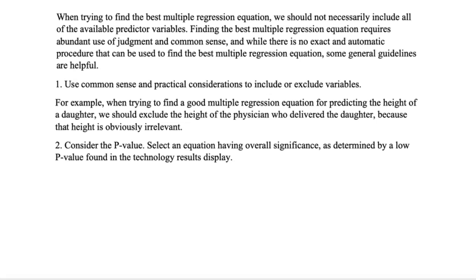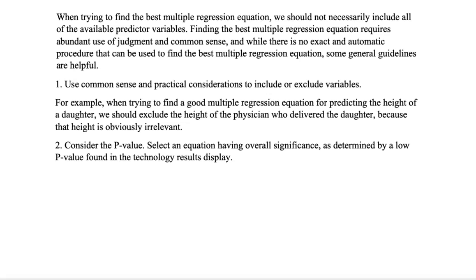So when I'm trying to find the best multiple regression equation, if I have a couple of different options, it's not always great to include all of the available predictor variables. And while there's no real procedure here, we have a few guidelines that might be helpful. The first one is just the use of common sense and practical considerations to include or exclude variables.